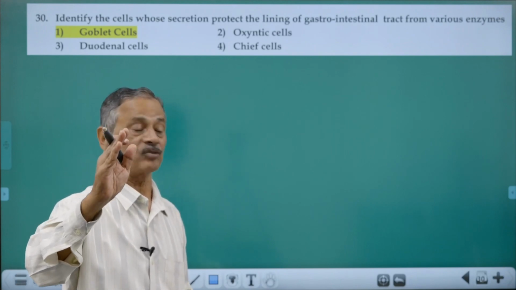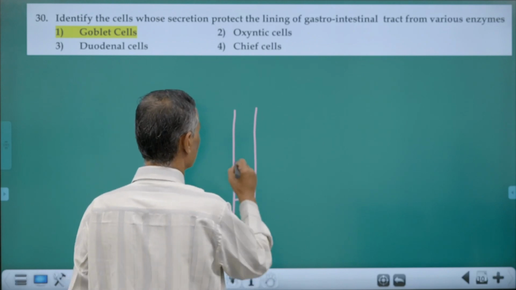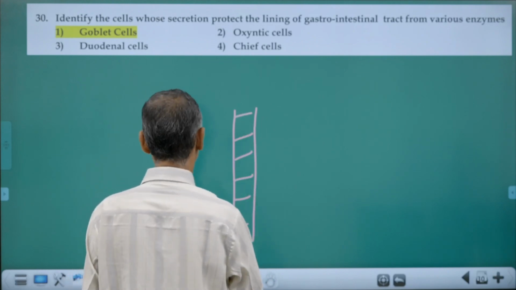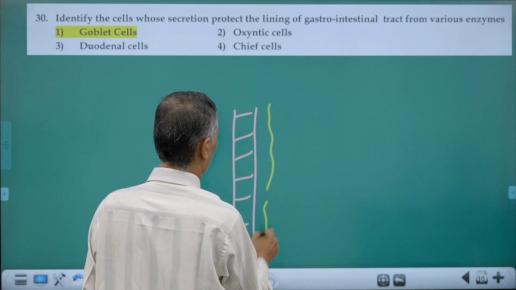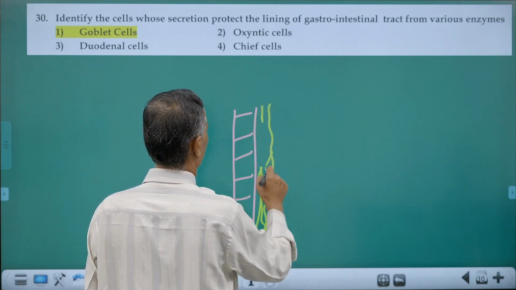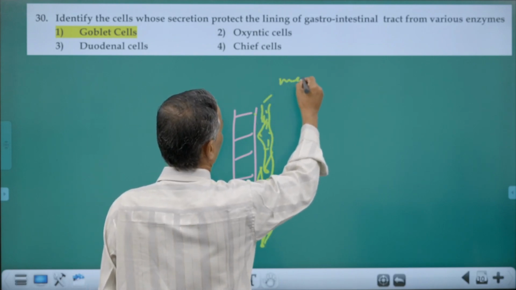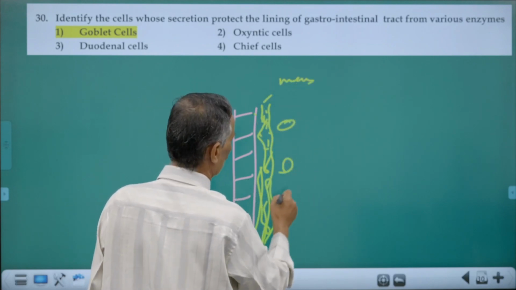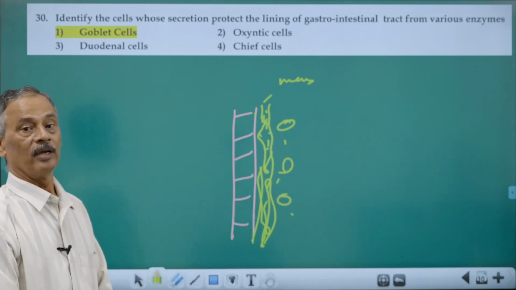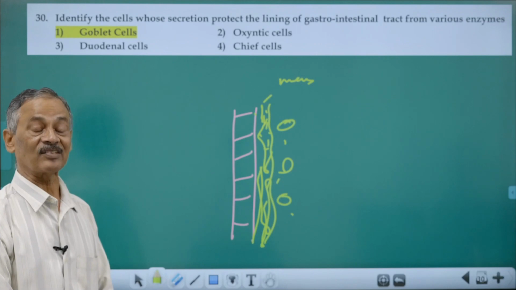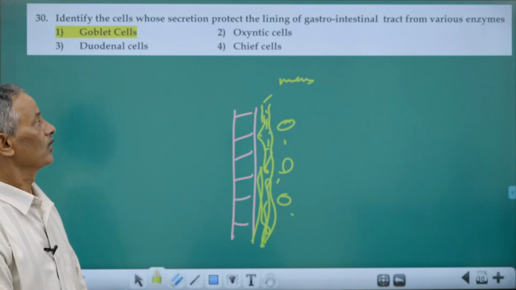Bacteria also cannot enter because, remember, these are epithelial cells, and the epithelial cells are given a very thick coating of this mucus lining, so that pathogenic bacteria cannot enter the epithelial cells easily. It acts as a physical barrier. Clear?